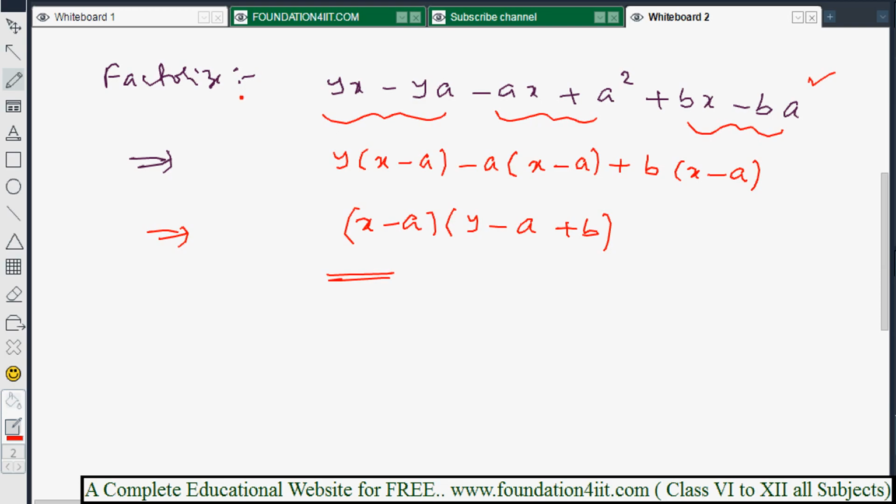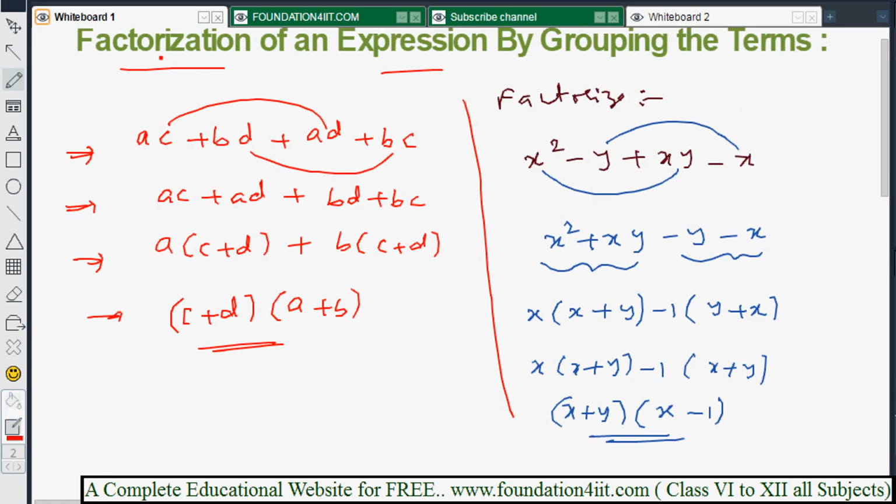This is the way we can solve factorization of expressions by grouping terms. After grouping, in each group we take the highest common factor and find the factors. Other problems with 3 terms and 2 terms also come. I'll explain how to factorize the difference of two squares and how to factorize 3 terms. So other methods we'll see now.